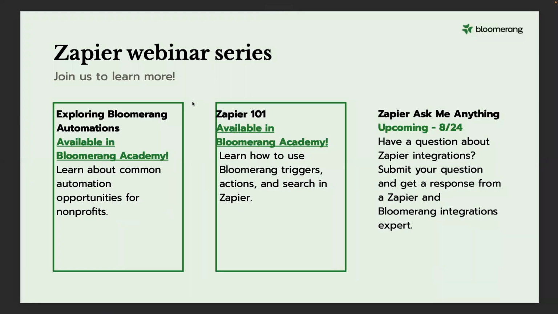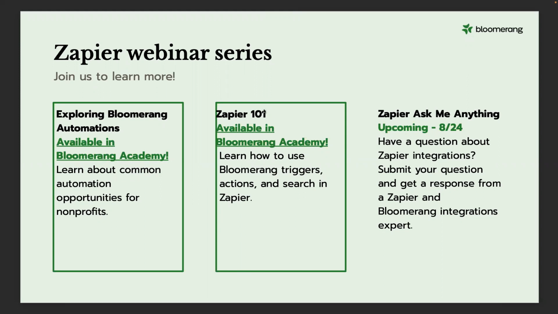So as Diana mentioned, this webinar is the third in a series that is really completing an incremental dive into Zapier and Zapier integrations for Bloomerang. If you were not able to attend our webinar last month that explored common automation opportunities for nonprofits, or our Zapier 101 webinar two weeks ago, I really recommend watching the recordings on Bloomerang's Academy page or its YouTube channel.